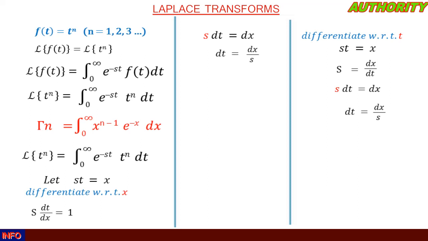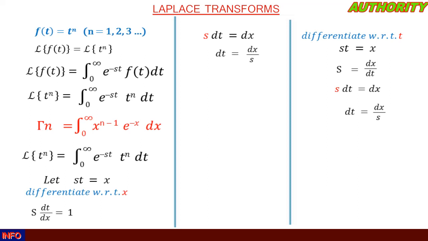Now let's go. In this place, we say let st be called the letter x. The key point I want you to take is that we want to change the variable t. So what are we going to replace t with? We say st is called the letter x, so what are we going to write in the place of t itself?